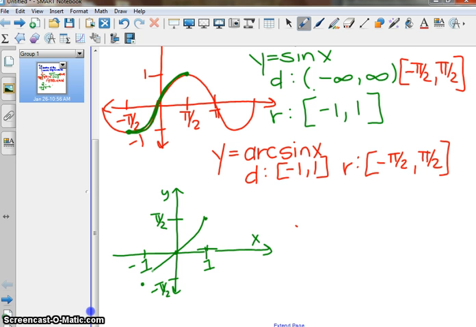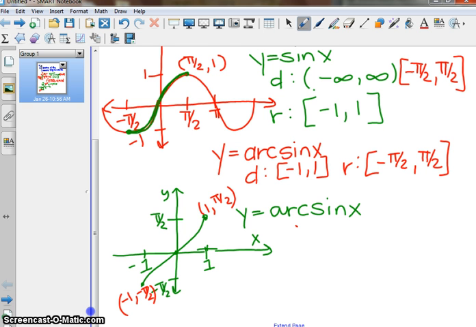And we connect the dots, and there's the graph of our inverse sine. So this coordinate point here is 1 comma pi over 2, because this coordinate point up here was pi over 2 comma 1. This point down here is negative 1, negative pi over 2, because this coordinate point here is negative pi over 2 comma negative 1.